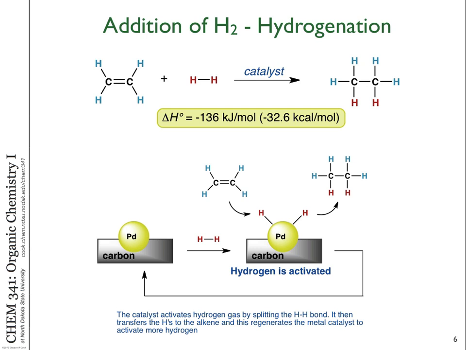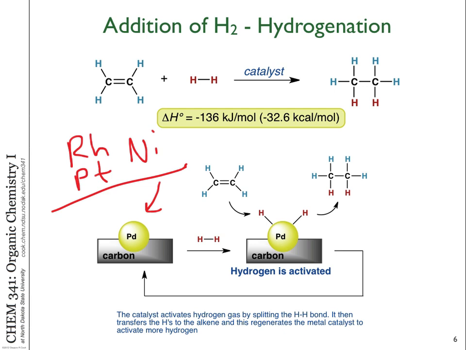You'll often see palladium being used, as I've shown here. Palladium or rhodium is common, platinum, nickel. There are a lot of different transition metals which have the ability to activate or break apart hydrogen-hydrogen bonds.